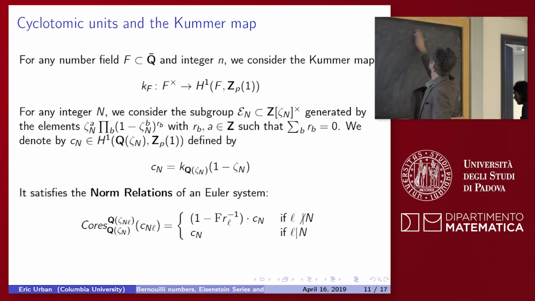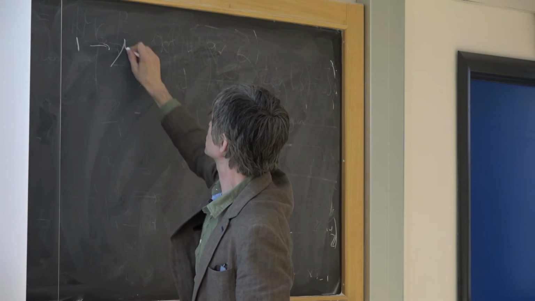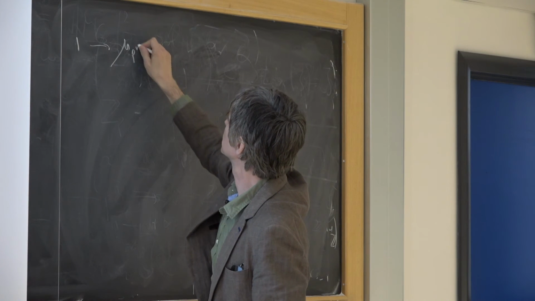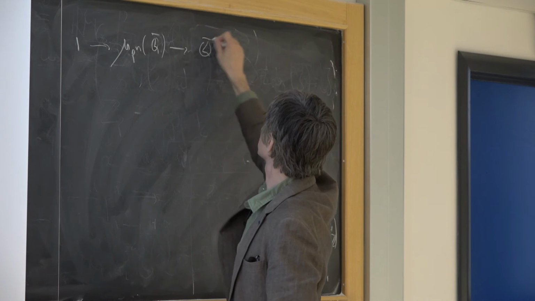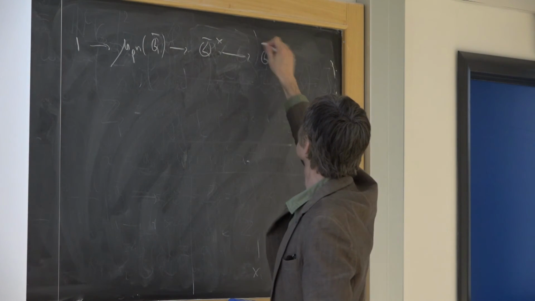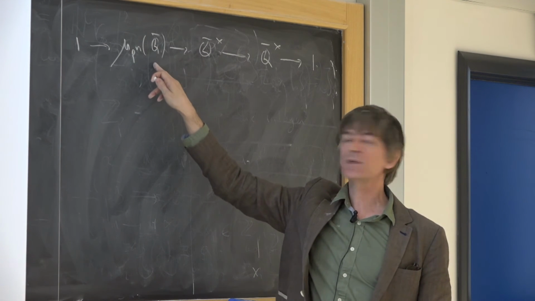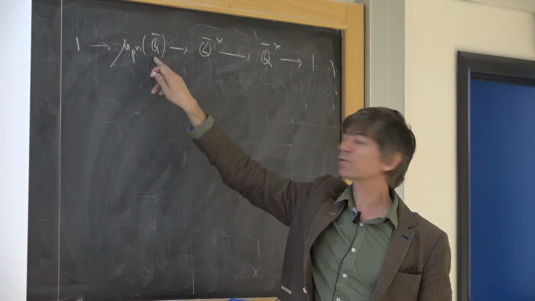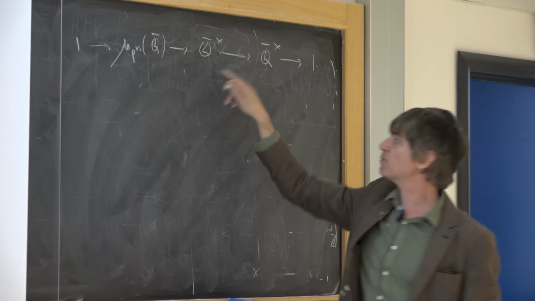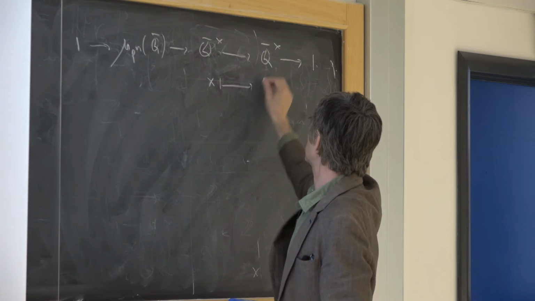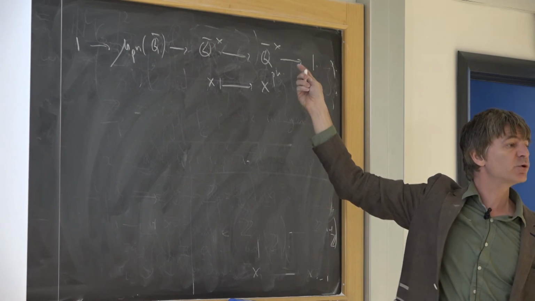If you look at the exact sequence, mu pn of Q bar cross. So mu pn is just the p to the n power roots of unity inside Q bar. And then you have Q bar cross here, and the map here is just x goes to x to the power p to the n. Okay, so this gives you an exact sequence of Galois modules.